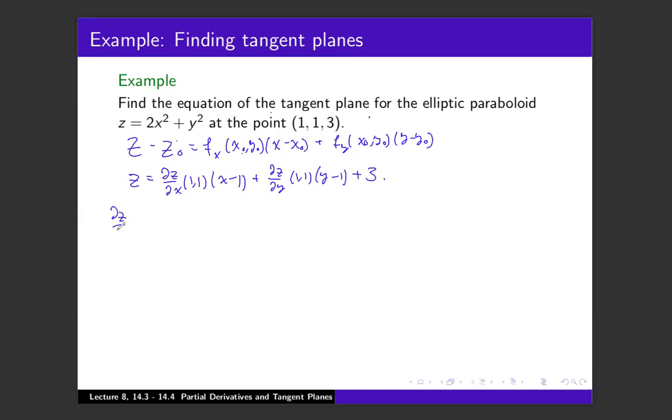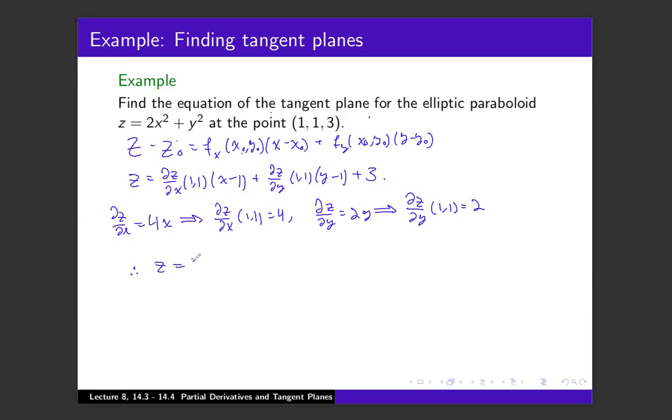Well, del z del x becomes 4x, which implies that del z del x at (1, 1) is 4. And meanwhile, del z del y is 2y, which implies that del z del y at the point (1, 1) is 2.